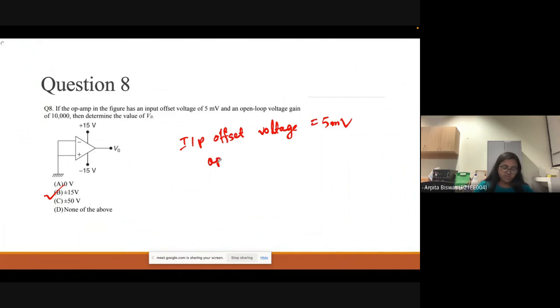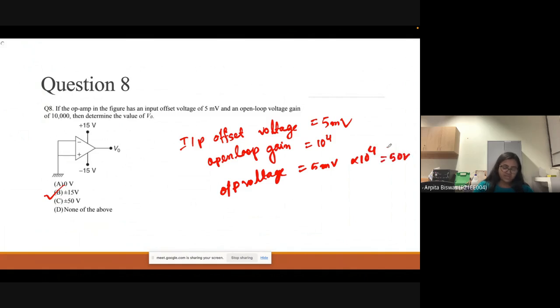And the open loop gain is also given, which is 10 to the power 4. So the output voltage can be 5 millivolt into 10 to the power 4, which is around 50 volt.